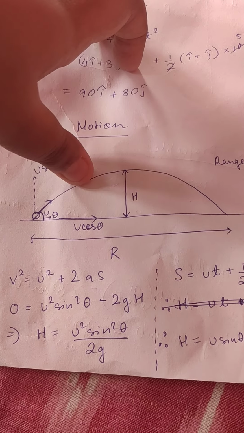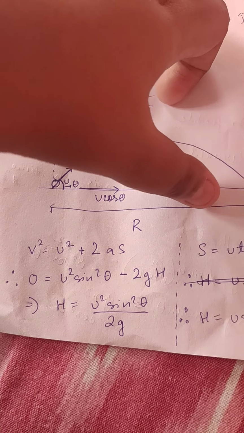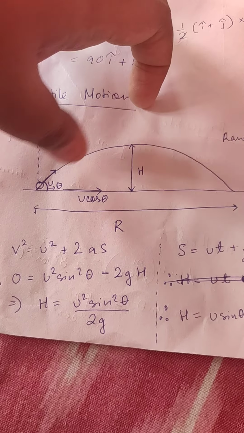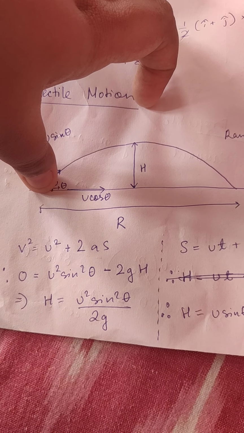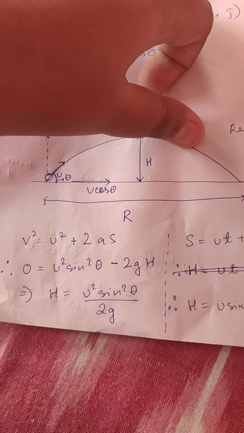This is another information. For same height, let this be a certain height and this be another certain height. The time required for the body to move from here to here is equal to the time required by the body to move from here to here.